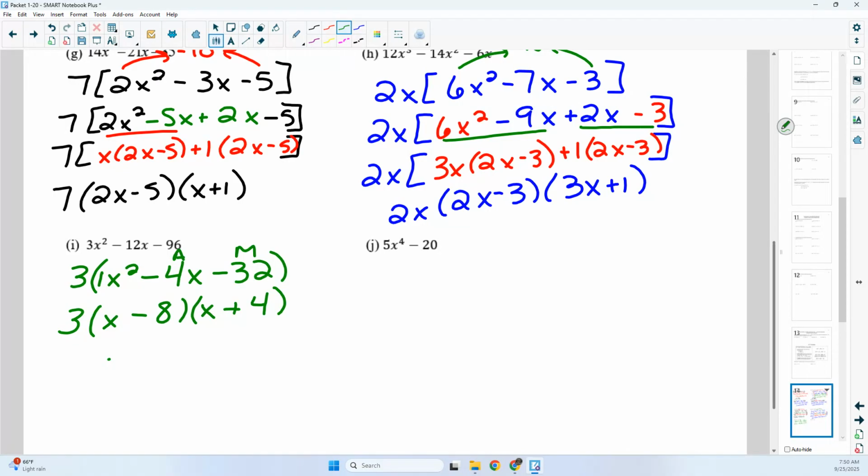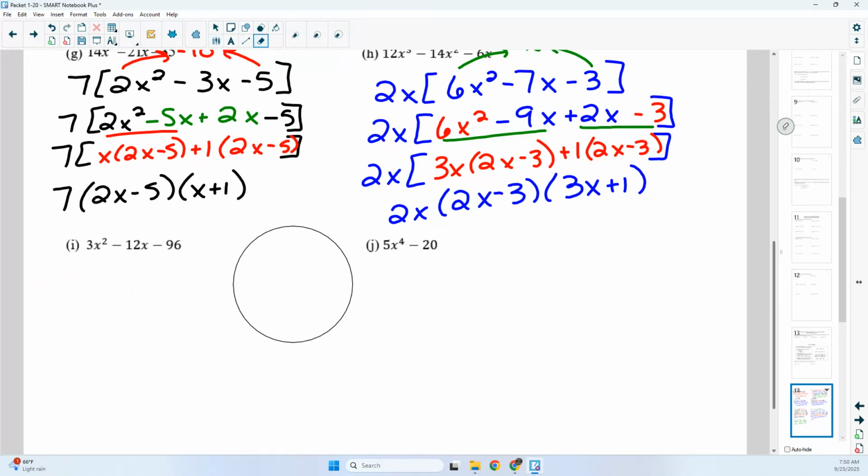So if I didn't notice the GCF and I went directly to AC grouping, okay, I have my calculator out because we're getting to some bigger numbers here. I get a number that's super hard to factor.